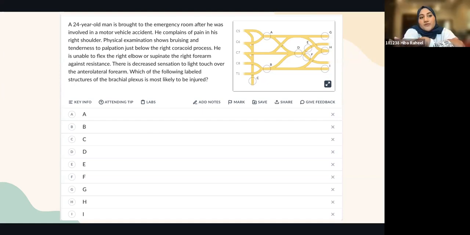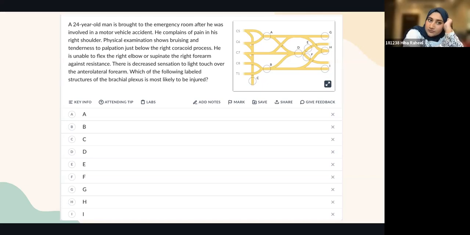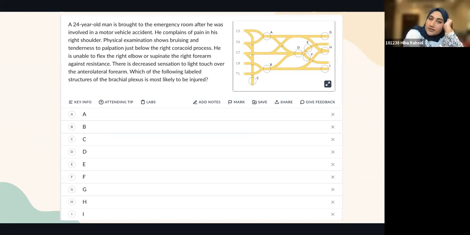Okay, so before you move on to giving me the answer, tell me what is important in this sentence. What stands out in this question? I think he cannot flex the right elbow or supinate it, and also the sensation on the lateral part. Excellent, very good. So what muscles are we talking about here?